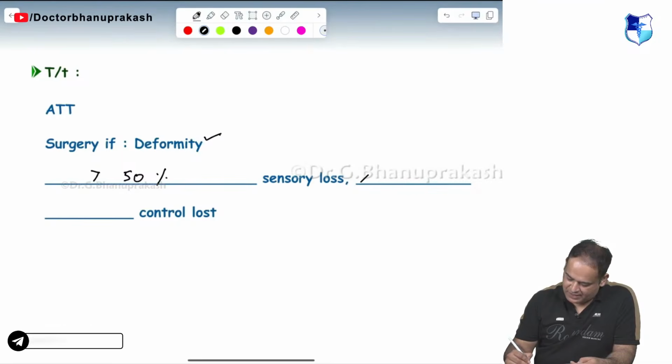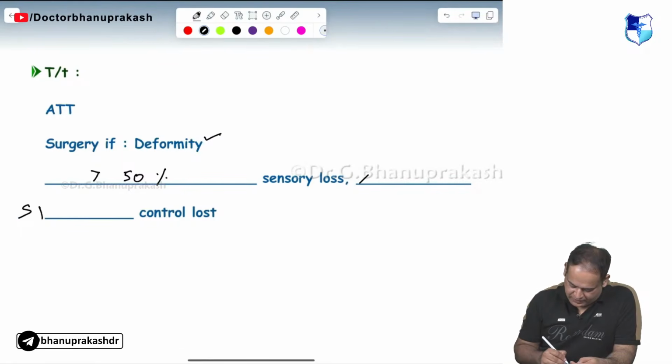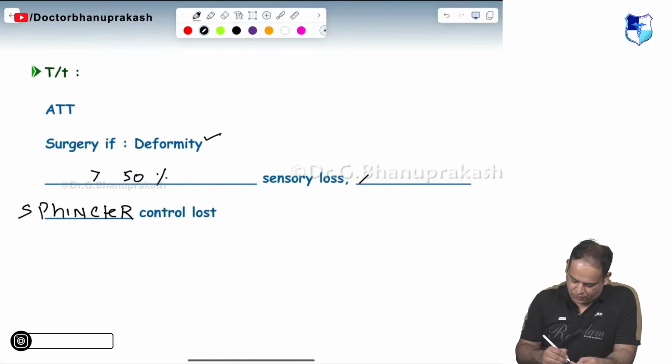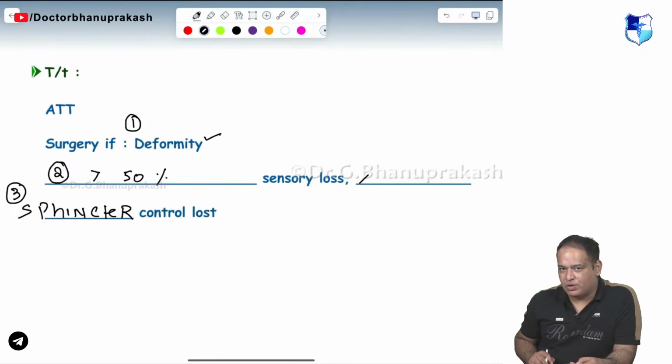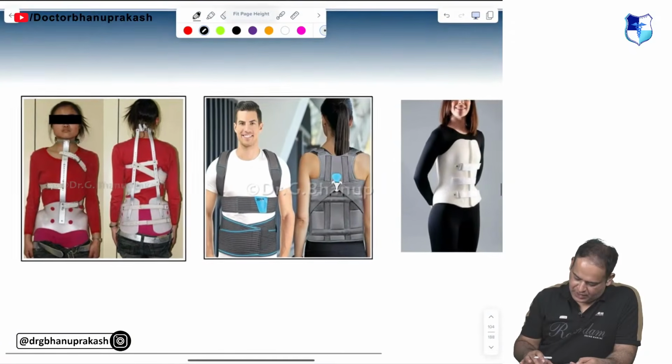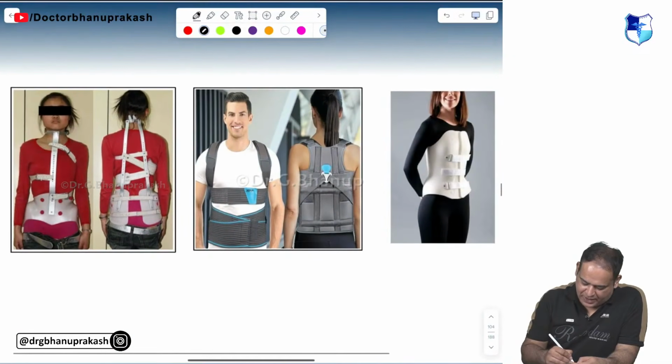Surgery is done if sphincter control is lost. So surgery if there is deformity, if there is more than 50% sensory loss, or if the sphincter control is lost. Now, how to stabilize the spine?